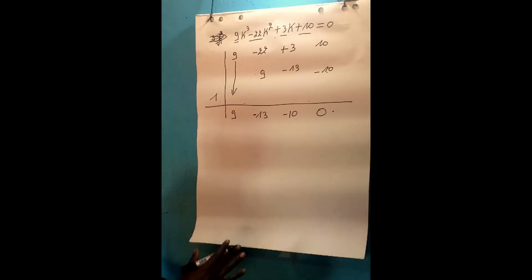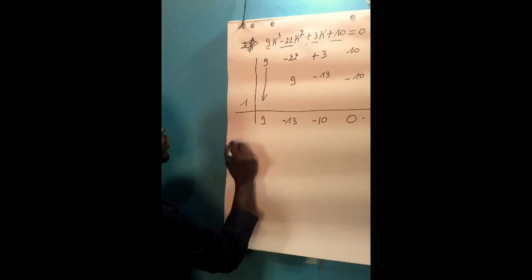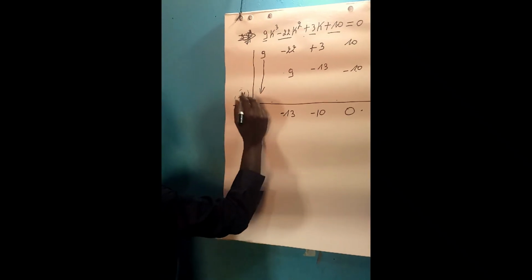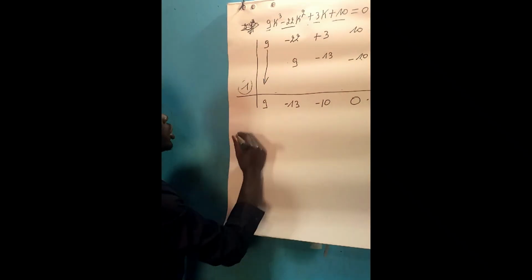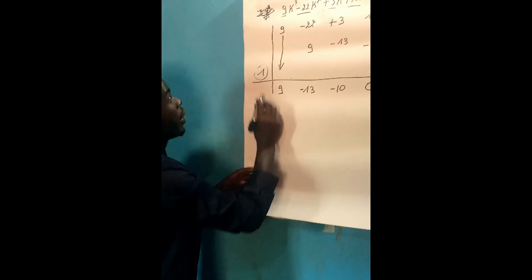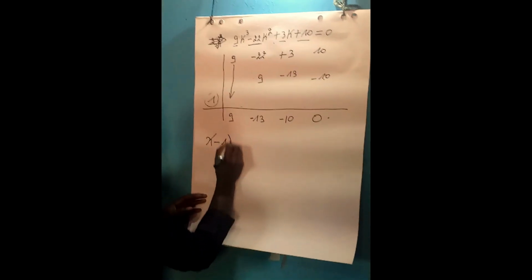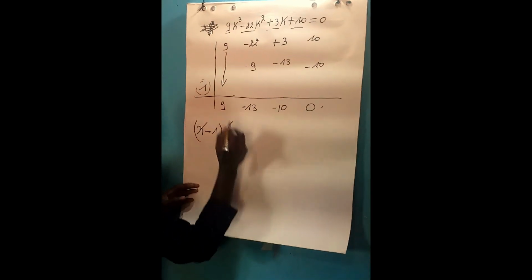Now to write in equation form, we start with that root which verifies our equation. So we write k, then oppose the sign of this root, which means we have a k minus 1 factor.